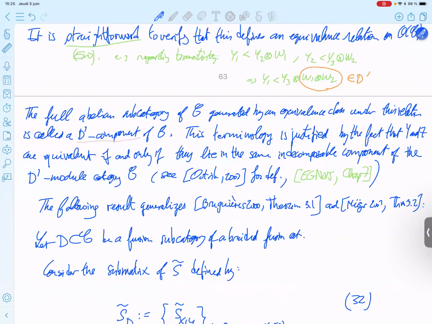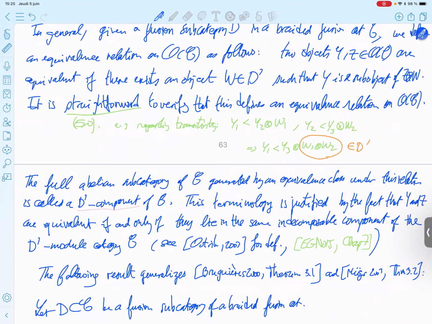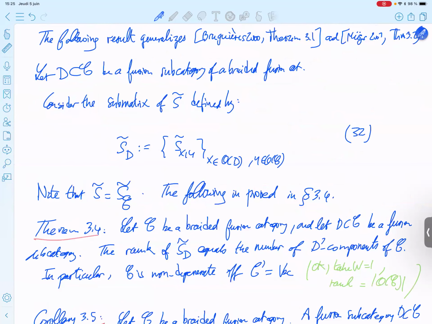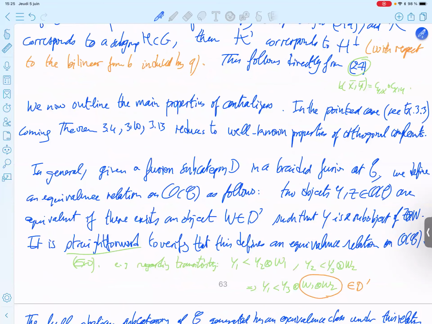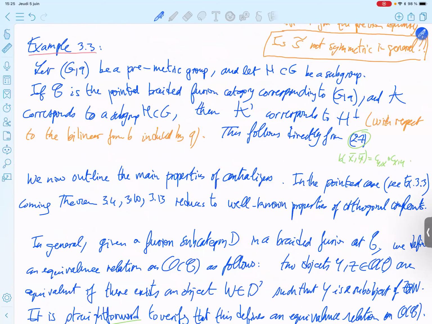So let me read this part. The equivalence relation.